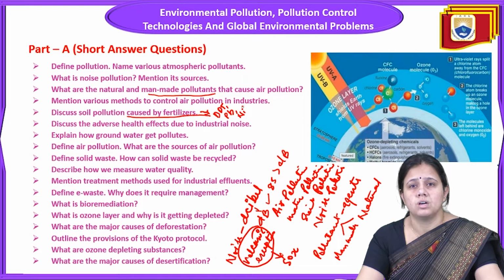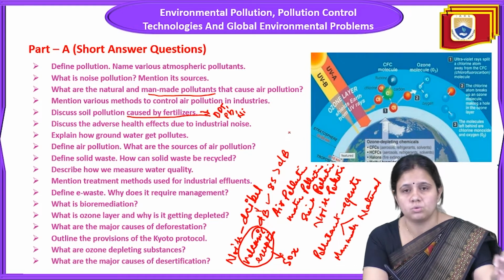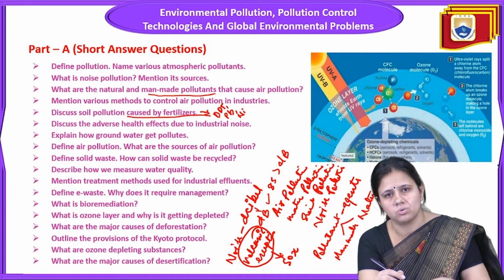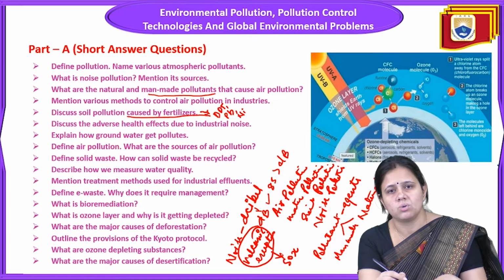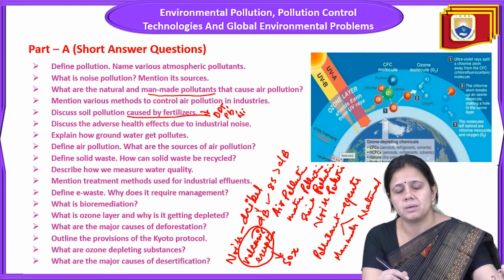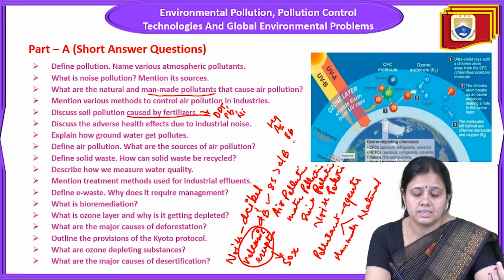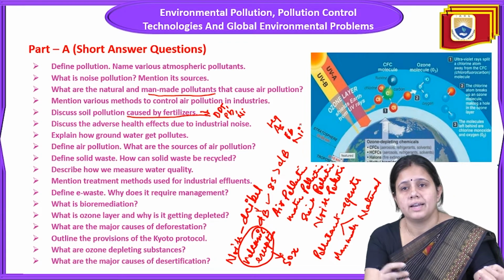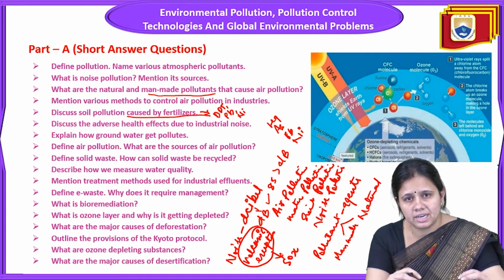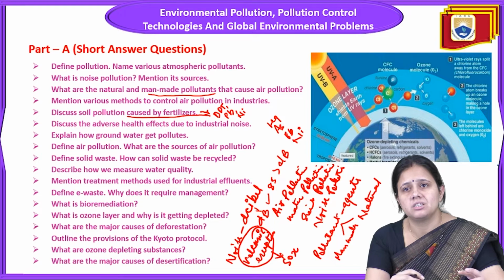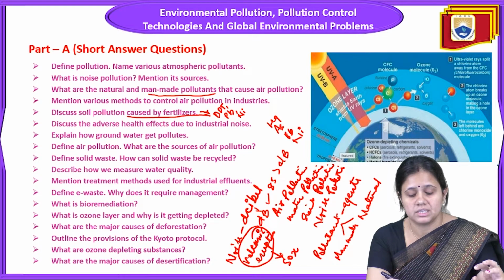Explain how groundwater gets polluted. Groundwater is water that is present beneath the ground surface. Toxic chemicals like mercury, arsenic, lead and nickel are in the soil, and these pollutants come from the fertilizers of agricultural discharge.